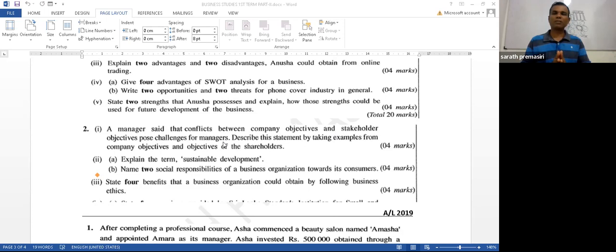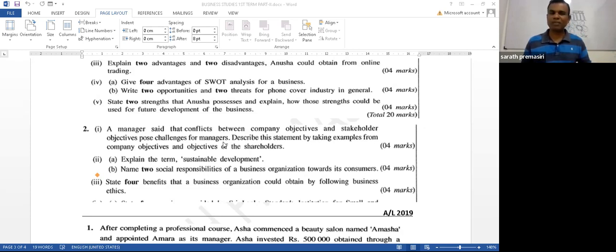The stakeholders are the owner of the business, the managers, customers, employees, suppliers, competitors, the government. All these parties are stakeholders. They have different objectives with regard to the business.